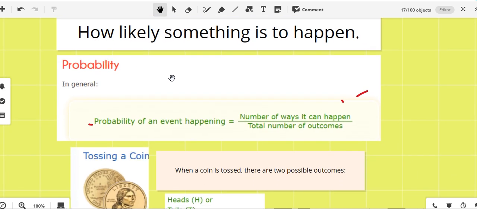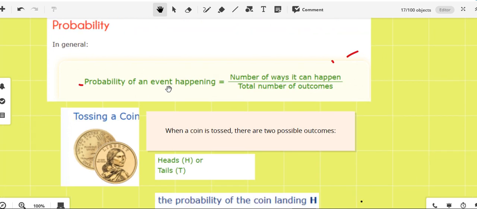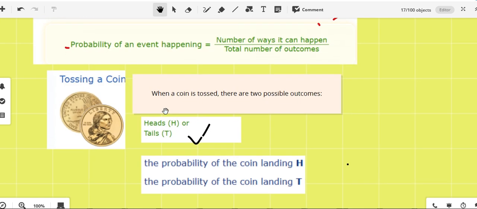So let's look at an example, that is tossing a coin. When a coin is tossed, there are two possibilities, which are head and tail. If the question is, what will be the probability of the coin landing head? There is just one possibility of head, so it will be 1 out of 2, because total outcomes are head and tail, which is 2.